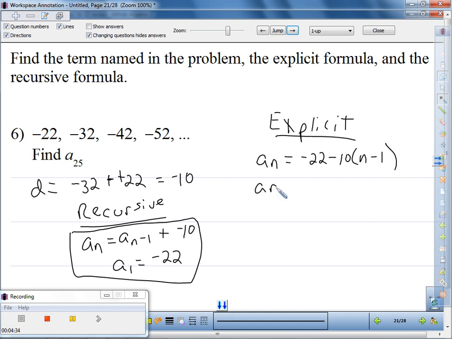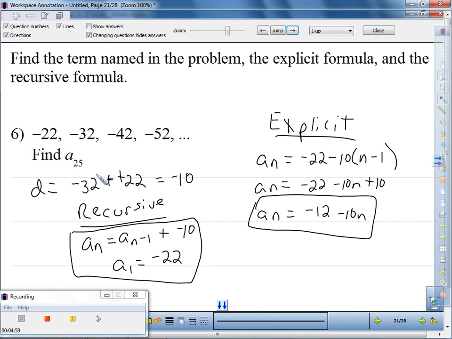We're going to go ahead and distribute and then simplify. So we end up with negative 22 minus 10n, plus 10. We're going to combine like terms so that we end up with a sub n is equal to negative 12 minus 10n. I'm coming up with negative 12 because I'm adding the 10 and a negative. Positive number, negative number, subtract. Anyway, we end up with negative 12. So that's our explicit formula.